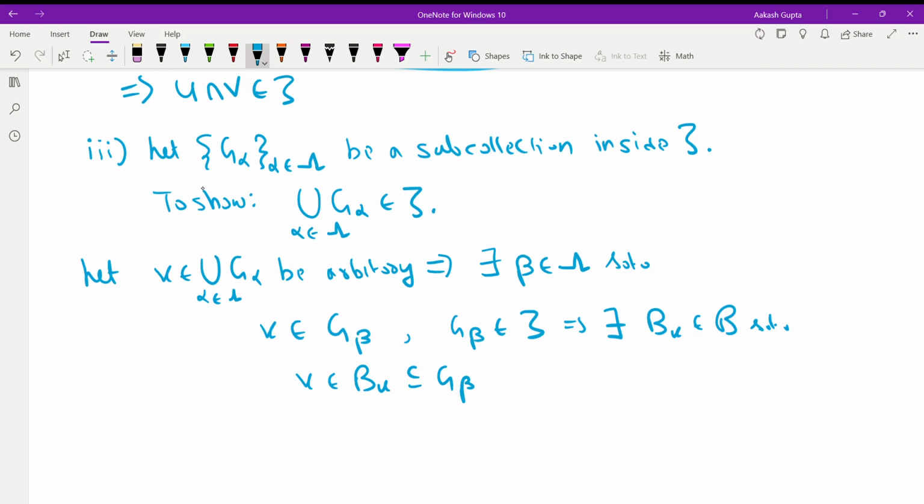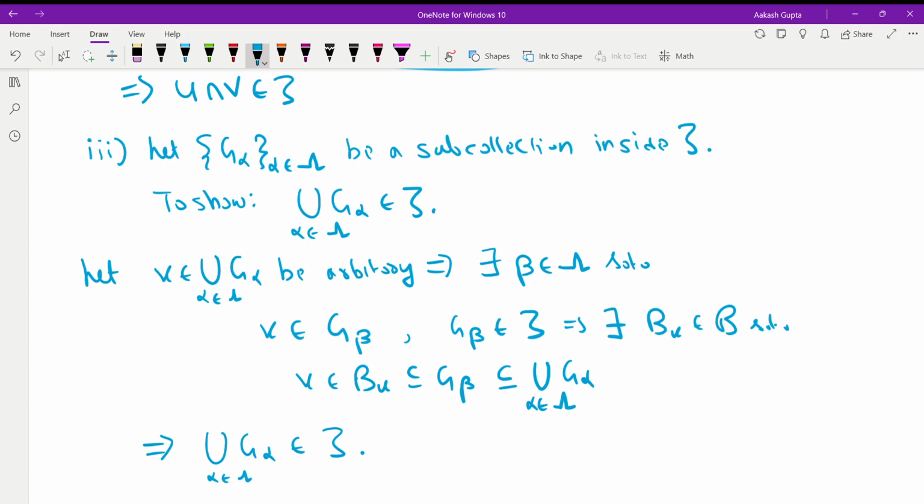So you see, G beta is contained in the union of G alpha, because the individual set would be contained in the union of all, including that one, right? So I hope this is clear. So this will imply the union of G alpha, alpha in capital lambda, belongs to tau.